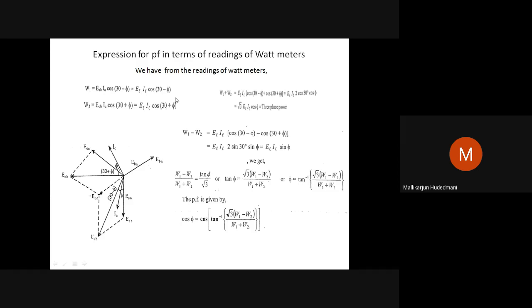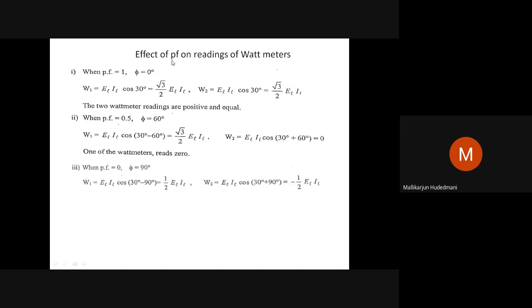If phi changes from 0 to 90 degrees, what will be the effect on W1 and W2? That is called the effect of power factor on readings of wattmeter.